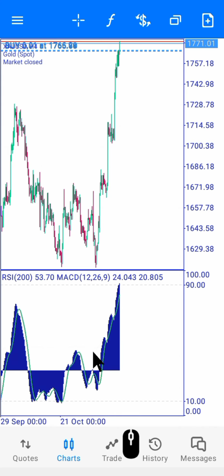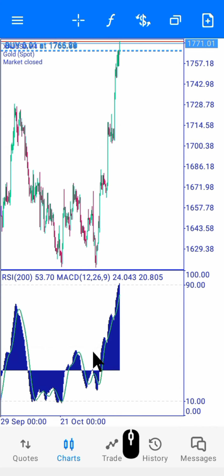Now after that, we are going to add another indicator called moving average. Moving average determines the longer term support and longer term resistance level and overall trends. So this moving average indicator helps us to determine the overall trends.